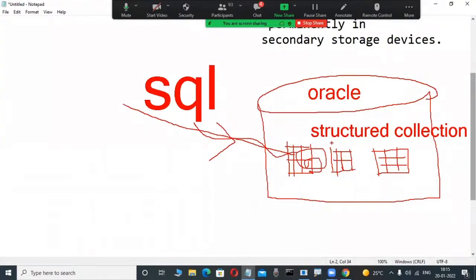But MongoDB and those types of databases are different. SQL is not there; there is no SQL. That uses JavaScript-type languages. But SQL is one separate language, through which we operate on data in these types of databases.